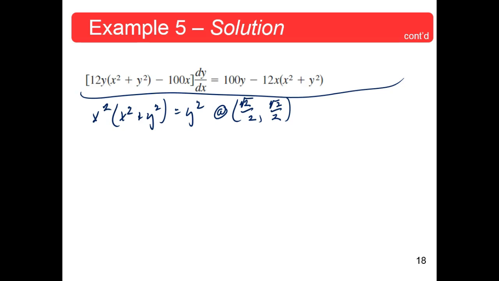Now, it says find the tangent line to that graph at this point. So what are we going to need to know a tangent line? To write an equation of a line, what do you need? A point. We got a point right there. We know that's on the curve, that's why we checked it out.